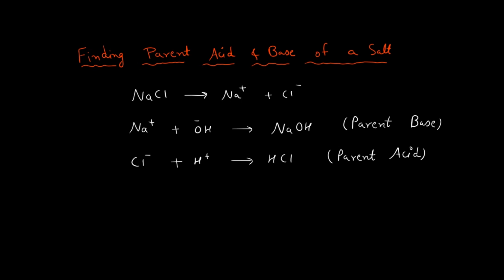Let us take another example. Suppose this is our salt, sodium acetate, and we have to find its parent acid and base. So we will dissociate it into cation and anion. So this is our acetate ion and this is sodium ion. Now we take our negative ion and react it with H plus.